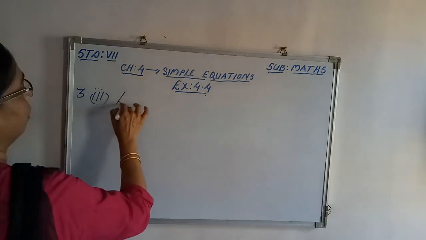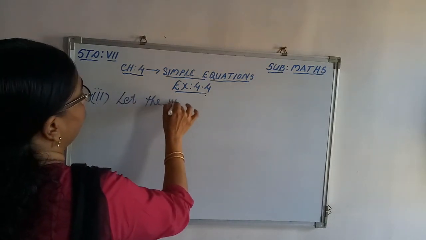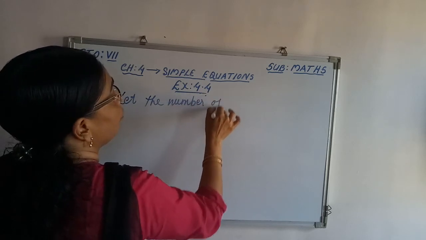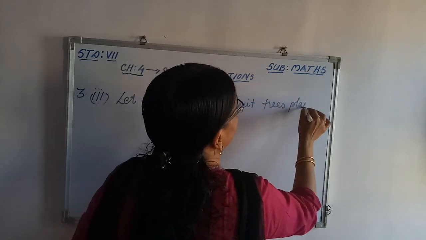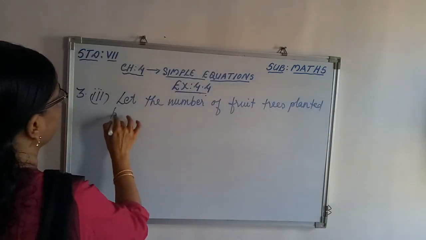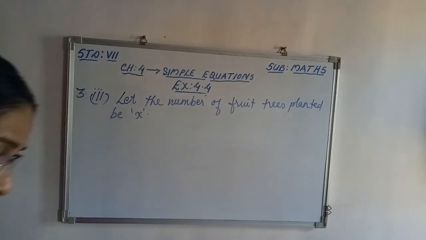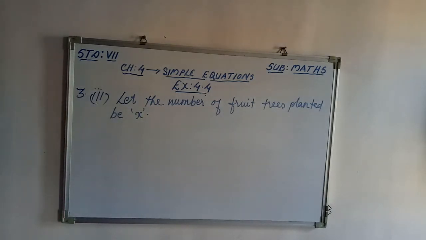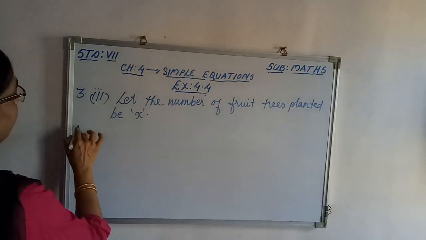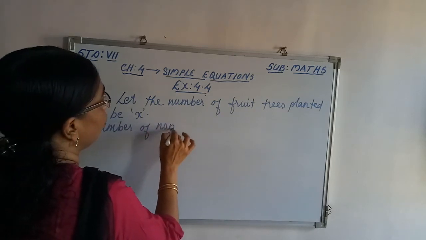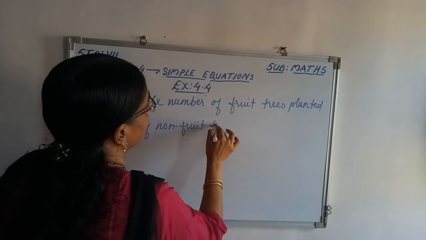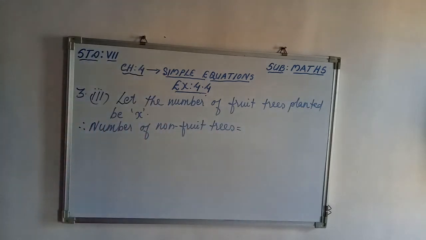Let the number of fruit trees planted be x. Now, how many non-fruit trees are there in terms of this? Therefore, the number of non-fruit trees is equal to, as given, 2 more than 3 times the number of fruit trees.